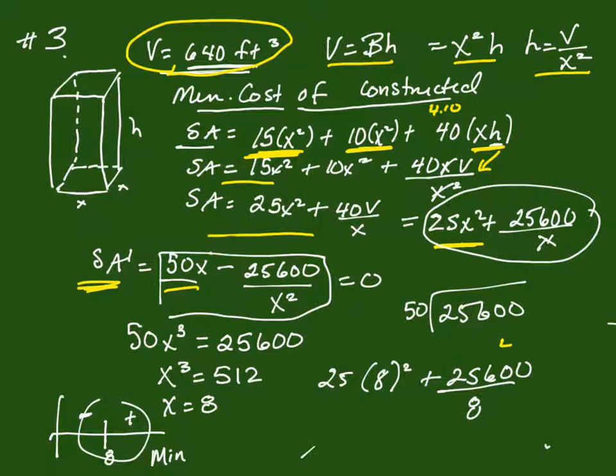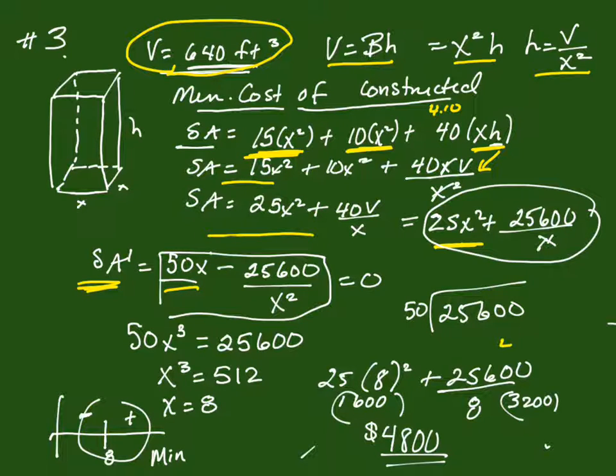And you should get $4,800. Okay, so I think this is 1,600 when I did it out, and this was 3,200. Okay, so $4,800 would be the minimum cost to make the box.